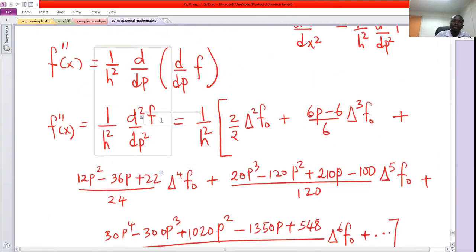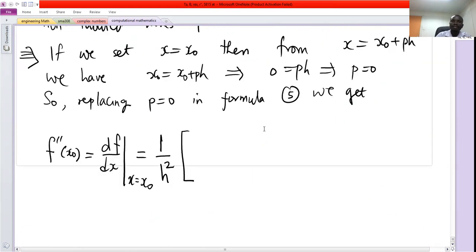Now when you put, so this would be, remember this would be 2 over 2, just 1. So just have second forward of f-naught.